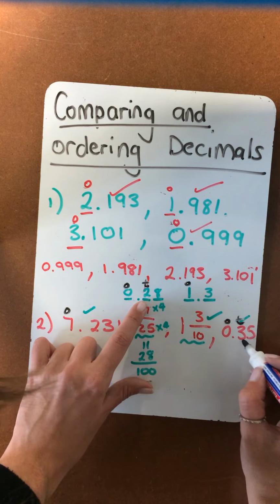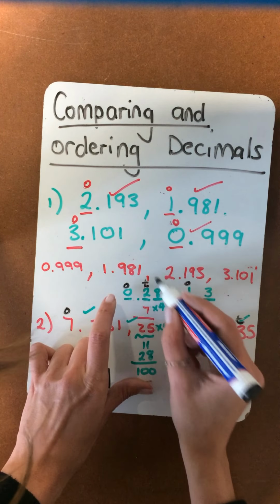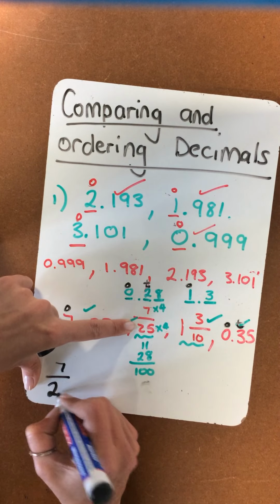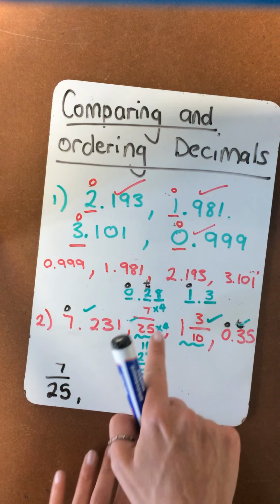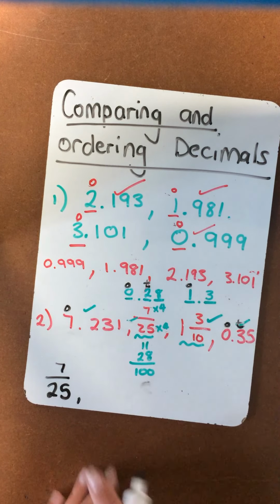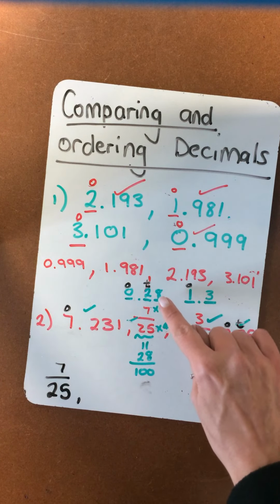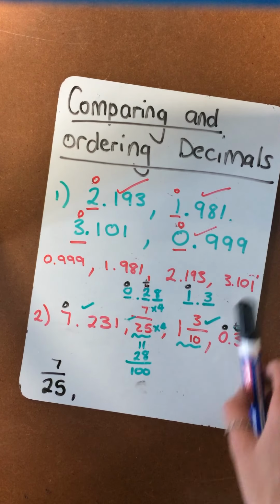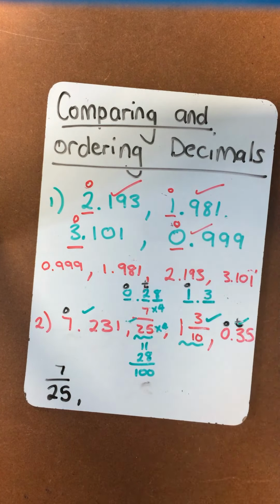Here I have a 2 and here I have a 3. 2 is smaller than 3, which means that this one is the smallest, and that means that 7/25 is the smallest. Remember, you always have to answer the question using the numbers that they gave you. I'm not going to write 0.28. I'm going to write 7/25 because that is the number that the question gave me. So I've used this one.